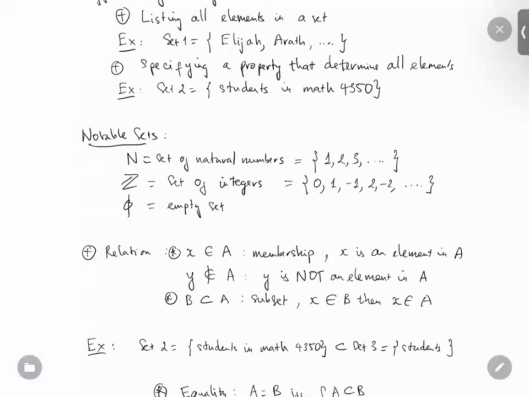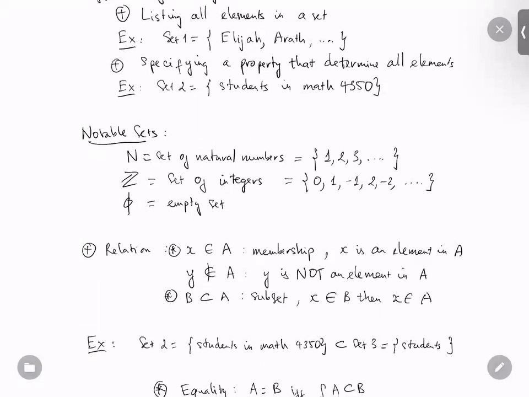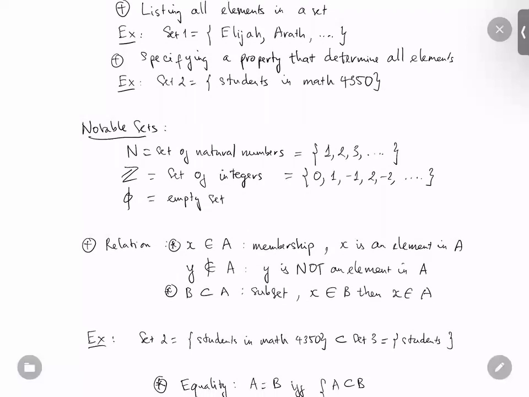Now, let's talk about some notable sets. N is the set of natural numbers. So here you count all the natural numbers, 1, 2, 3, and so on. This is called the set of natural numbers.